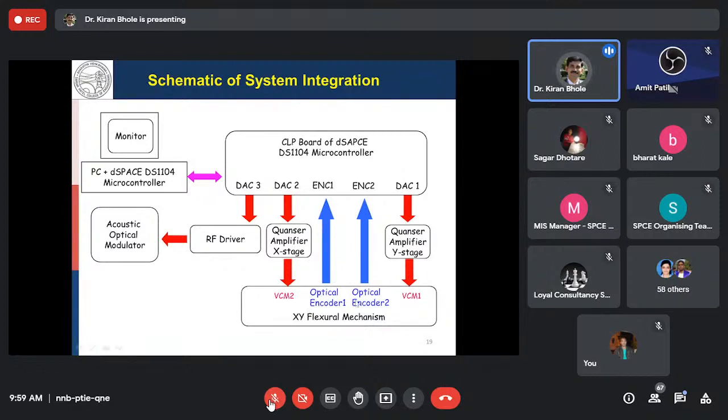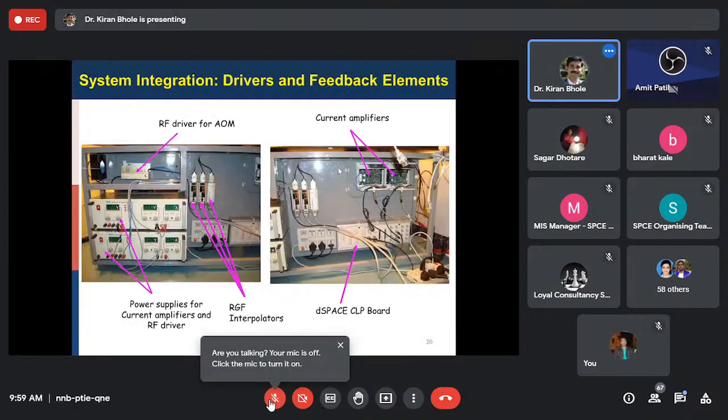Then we have the optical encoder mounted onto the flexible mechanism, and through it the data is collected by the microcontroller, and then a PID controller is used to act upon it for the accurate straight-line motion of the scanning mechanism.